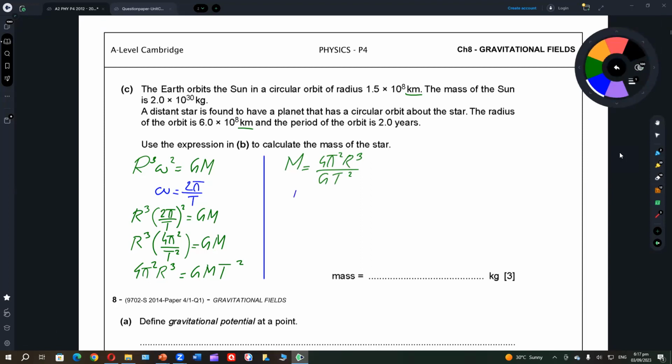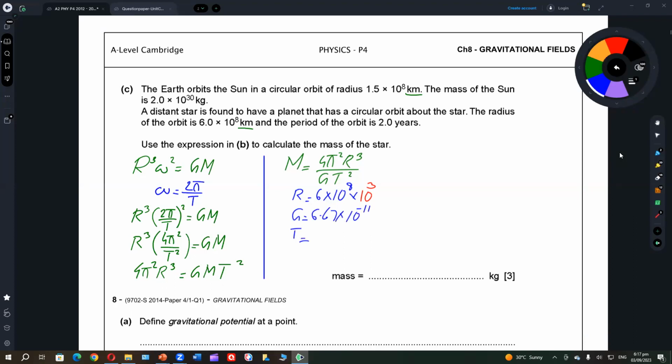Now, you know that the radius here is 6 into 10 power 8. So it should be 10 power 3 into, and the G value is constant, 6.67 into 10 to the power minus 11.